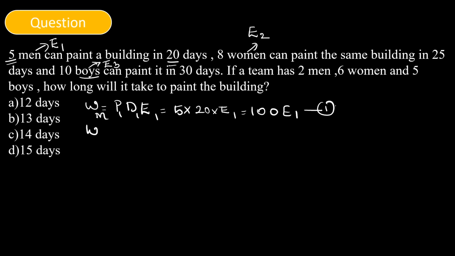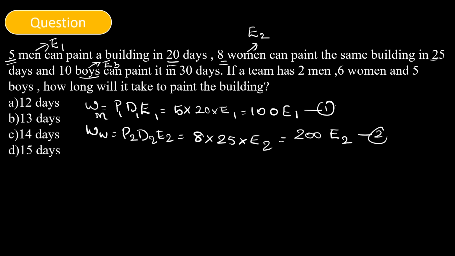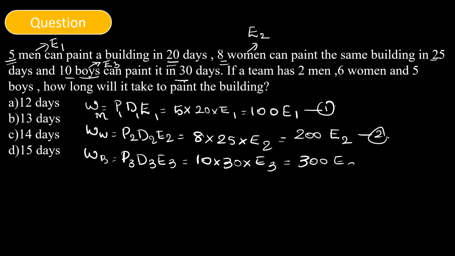Now work done by women, that is P2 D2 E2, 8 women in 25 days and their efficiency is E2, that is 200 E2. Now the work done by boys, that is P3 D3 E3, equal to 10 boys in 30 days and their efficiency is E3, which is equal to 300 E3.